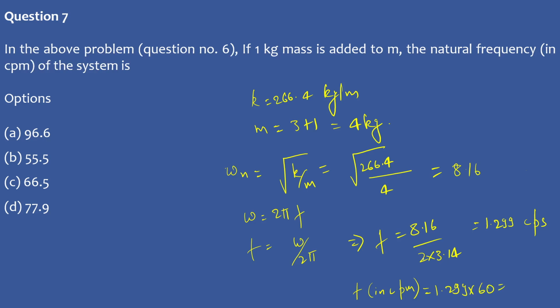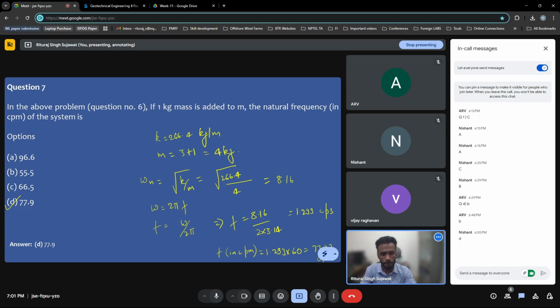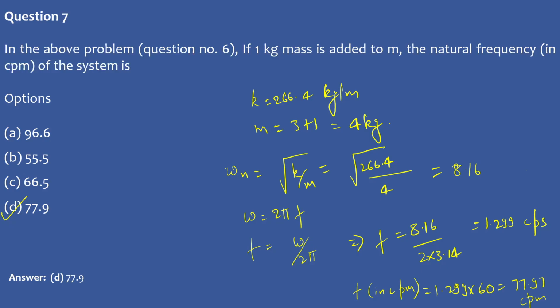So that will give you the answer as 77.97. So the correct answer is D. For question number 7, the correct answer is D.